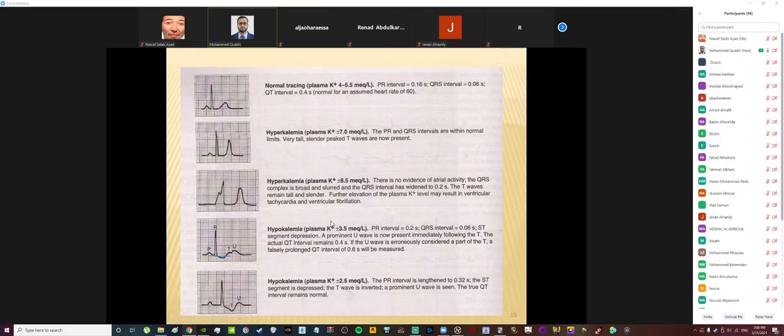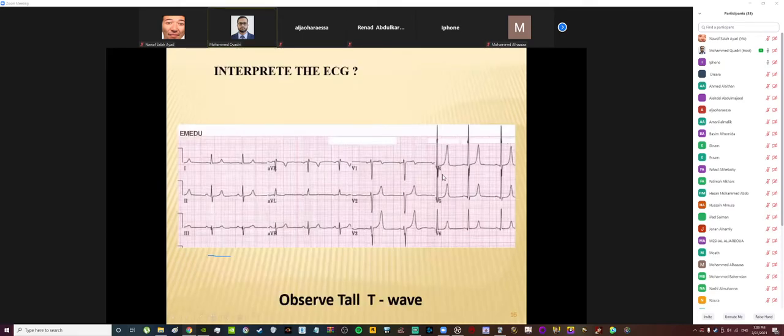And here now you see the potassium level is going down, 3.5, so the T wave is becoming flat. The potassium level here in the lower diagram is 2.5, and the T wave has completely reversed, inverted. So a tall T wave is diagnostic of hyperkalemia, and hypokalemia is diagnosed by inverted T waves.